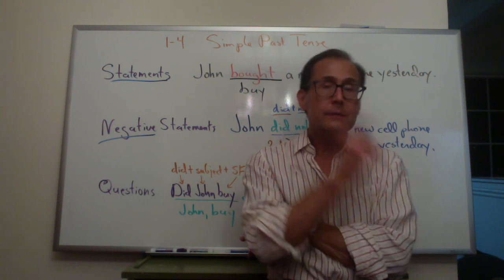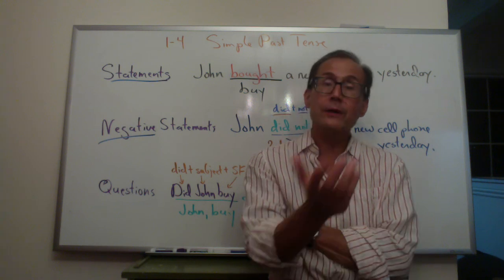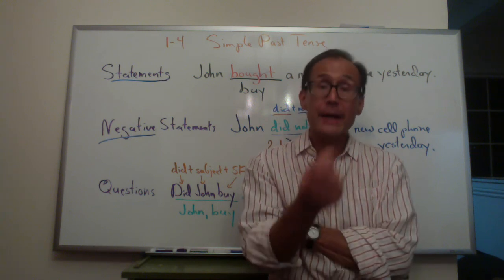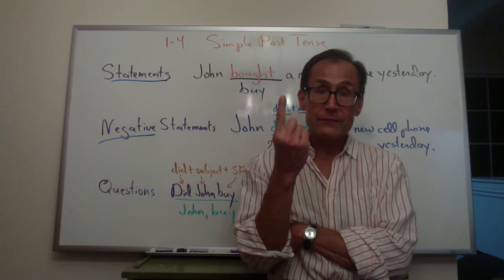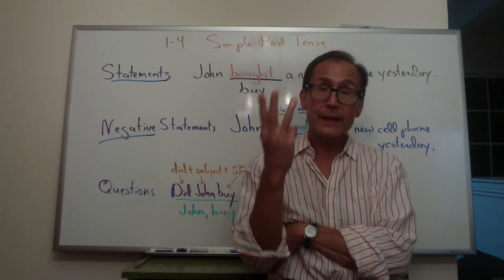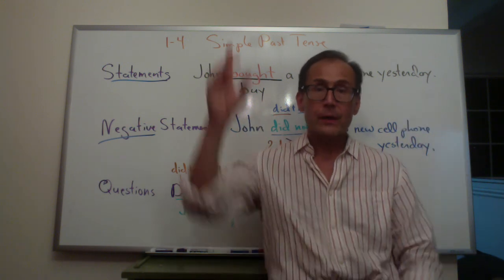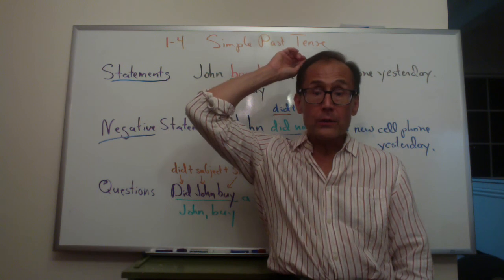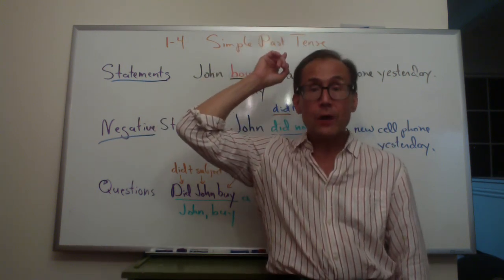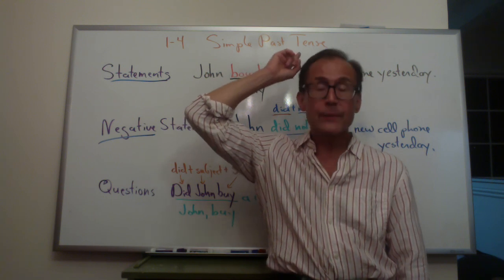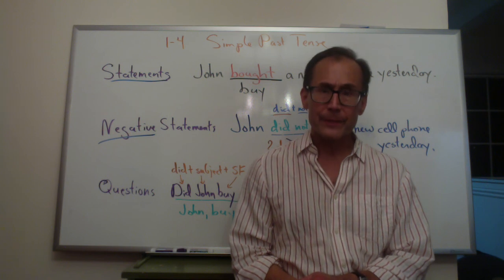Another point. You might have heard me mention that there were other verb tenses in English, other past verb tenses. So yeah, there's past progressive, there's past perfect, there's past perfect progressive. A little bit of good news. Usually, in fact, I'd say almost always, if we're talking about the past in English, simple past is a tense you can use, okay?